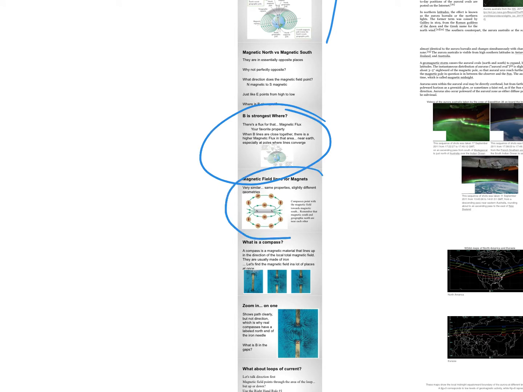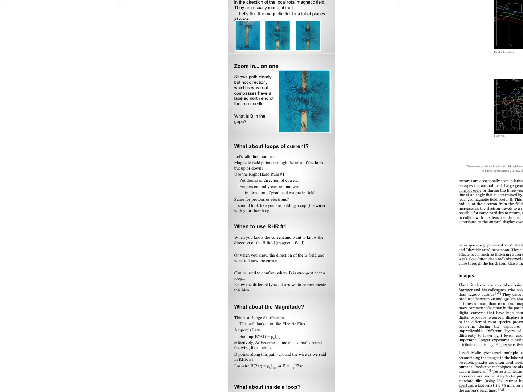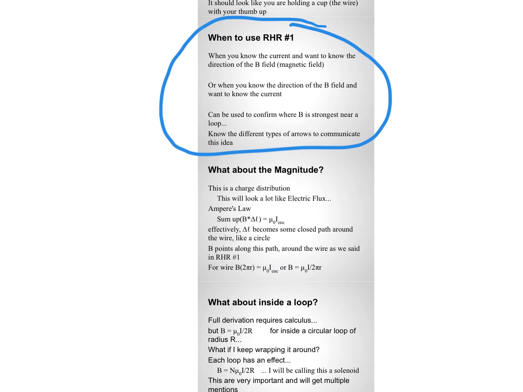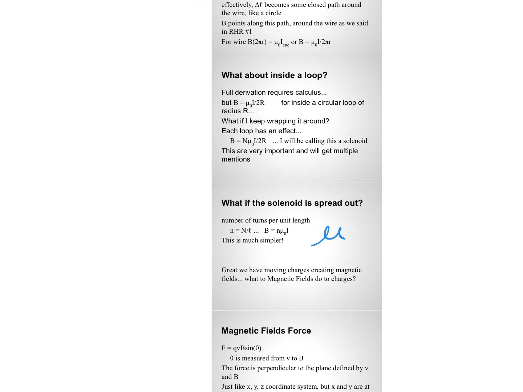We considered magnets as a magnetic field source. We looked at a wire of current being a magnetic field source, whether it be a line of current, which is what this page is all about, lines of current, or if it was a loop of current, or many loops of current stretched out into a slinky-like shape.